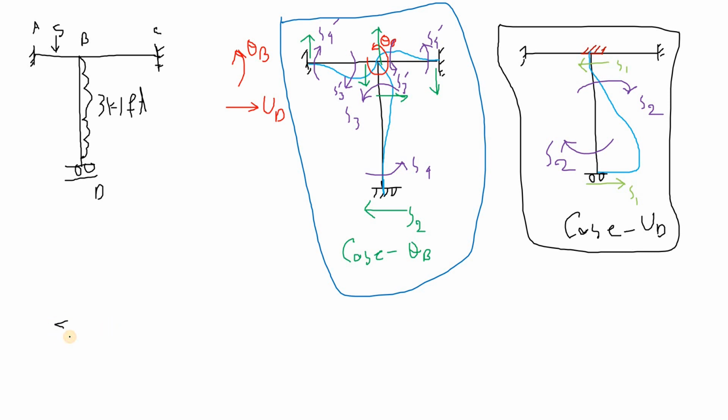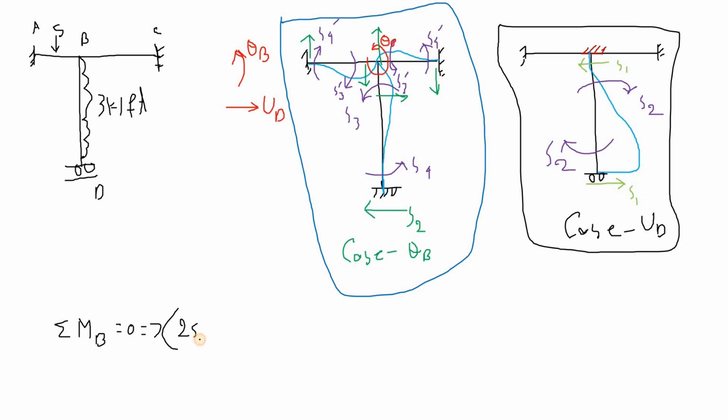Okay, so let's say MB equals 0. Since the unknown at point B is a rotation, we're going to consider MB. We're not going to use any other equations right here. So here we have one S3 prime, another S3 prime, and another S3, and they're all anti-clockwise, so they're going to be all positive.